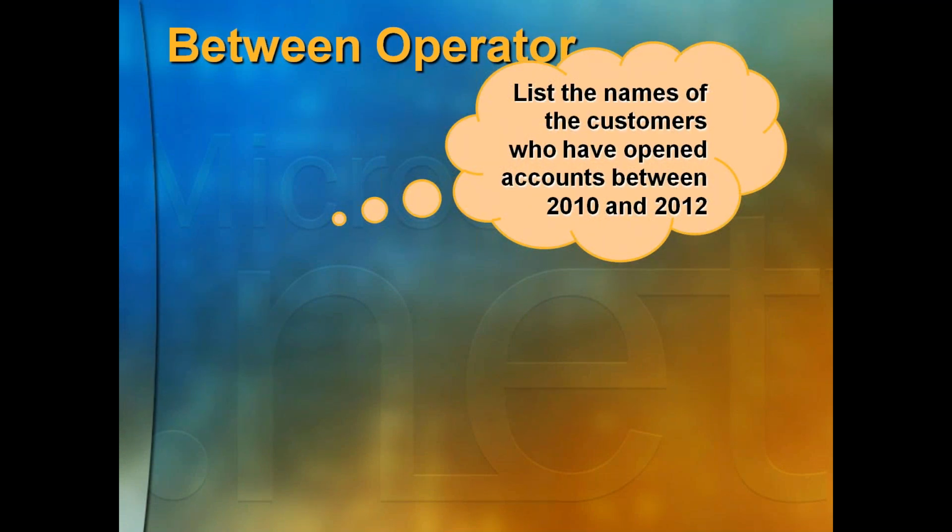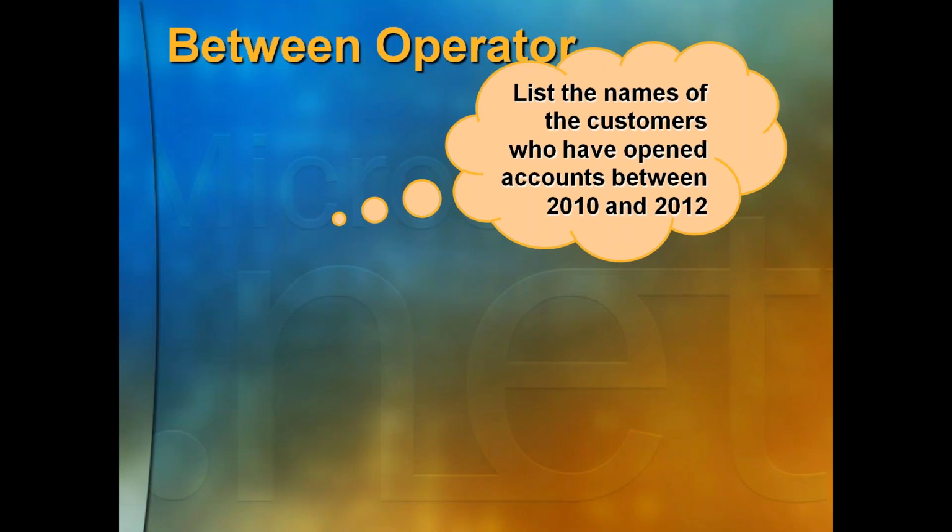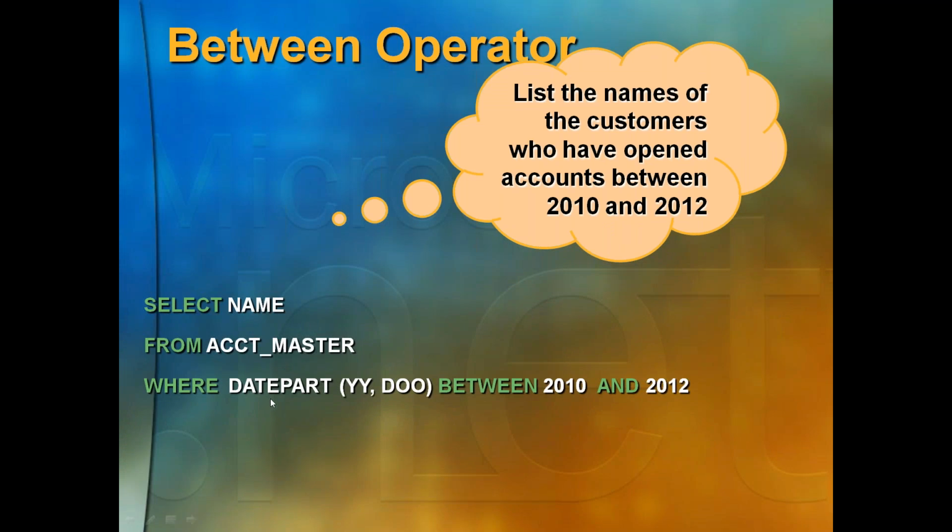List the names of the customers who have opened accounts between 2010 and 2012. Who are the customers who opened accounts between 2010 and 2012? DATEPART with year will bring you the year number, between 2010 and 2012. If you have any accounts in between, those accounts are shown to you, because I have to bring out only the year number.